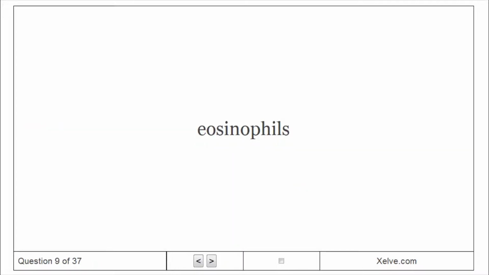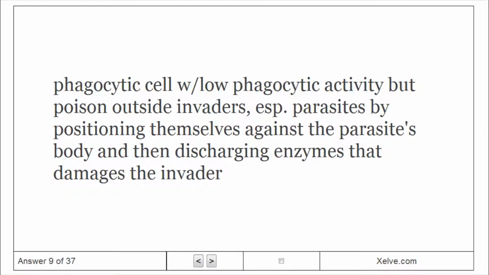Eosinophils. Phagocytic cells with low phagocytic activity but poison outside invaders, especially parasites, by positioning themselves against the parasite's body and then discharging enzymes that damage the invader.